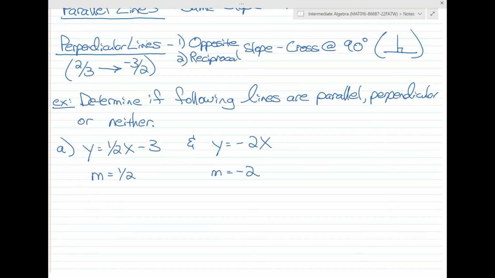Obviously, they're not the same, right? I can make -2 into -2/1. I can write the slope as a fraction. Are they perpendicular? Yeah, right. They're opposite signs and they're reciprocals. So these are perpendicular.